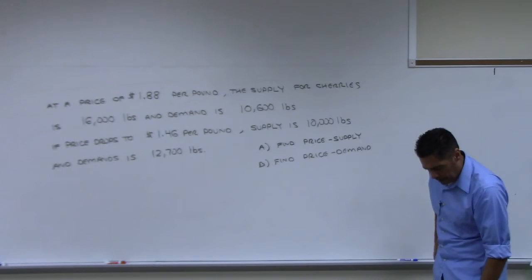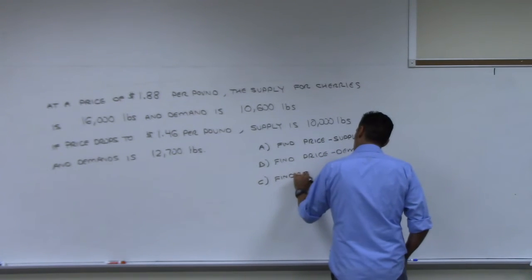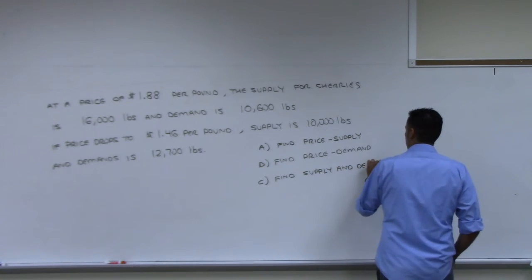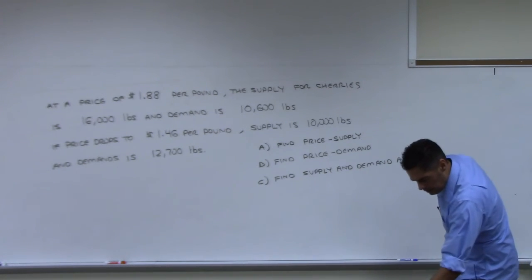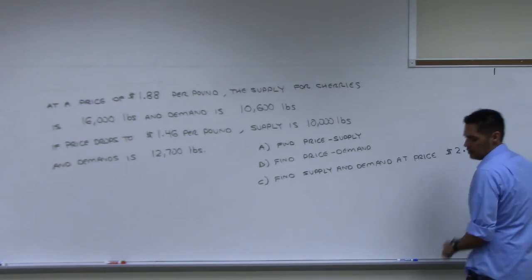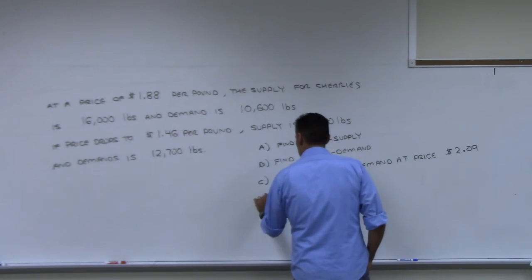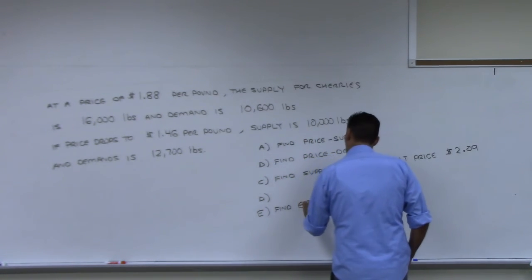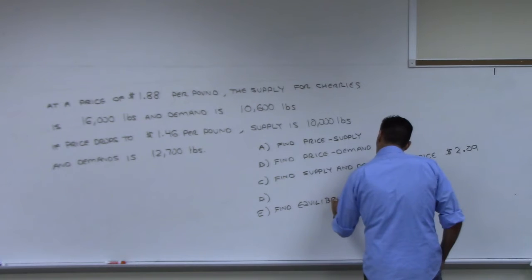Part C, find supply and demand at price of $2.09 per pound. I'll skip over D. E, find the equilibrium price.